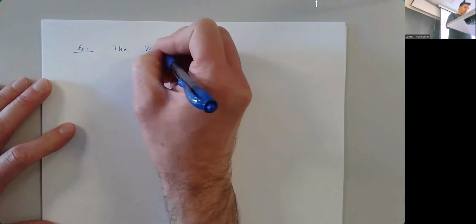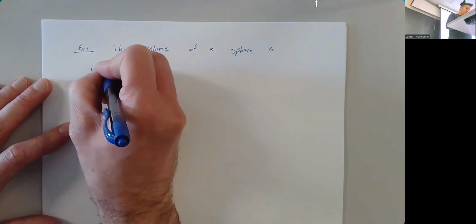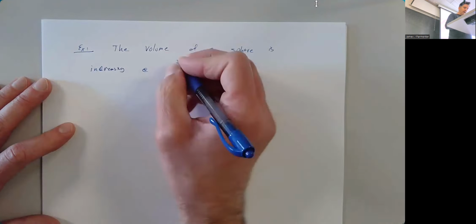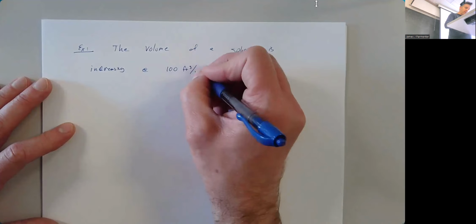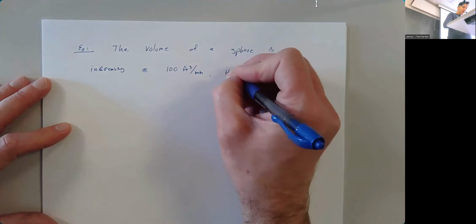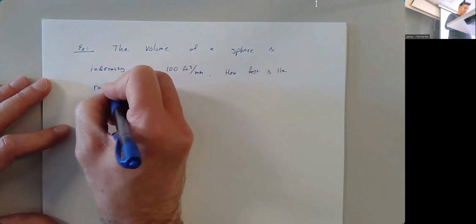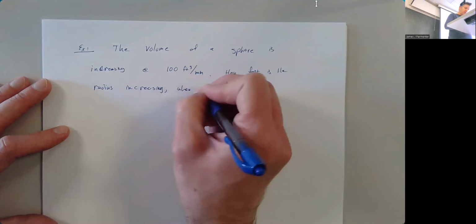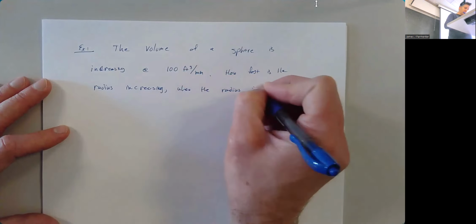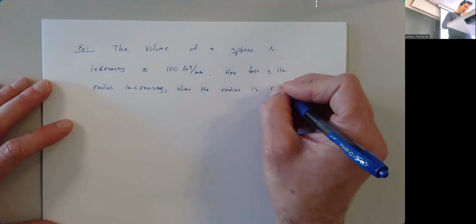The volume of a sphere is increasing at a rate of 100 cubic feet per minute. How fast is the radius of the sphere increasing when the radius is, let's say 5 feet.